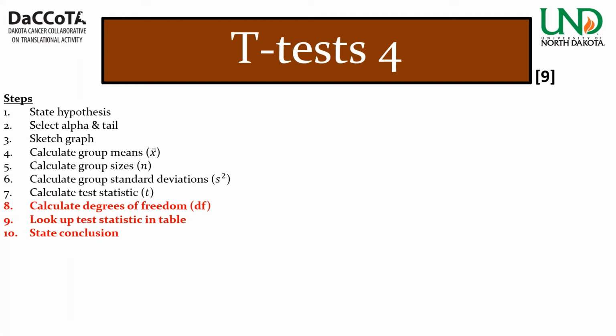All right, let's calculate degrees of freedom. That is going to be fairly straightforward here. Degrees of freedom is going to be 10, that's group 1 plus 10, group 2, minus 2. It's going to be 18. And again, our t-value that we're looking at is going to be negative 0.84.